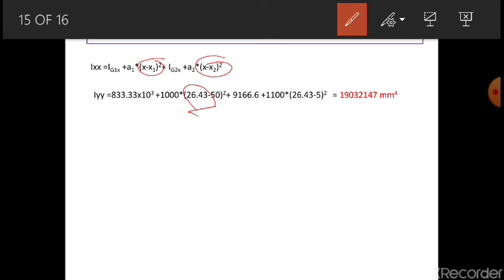You have done the same thing in the calculation of the specific gravity. Same way for the second half of the formula, the Ig2y and the area A2, and x bar minus x2 to the whole square, we get the equation value, and by solving that we will get the values.